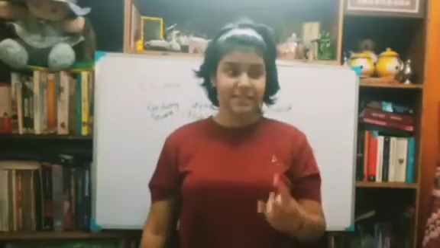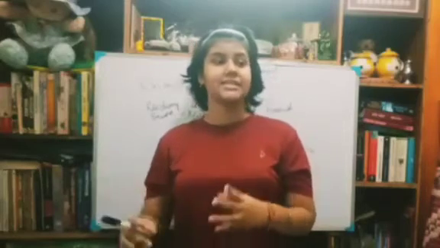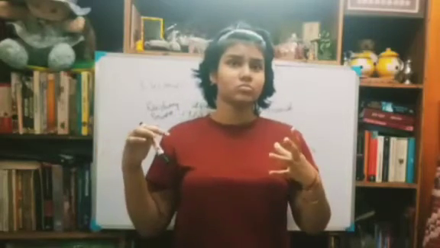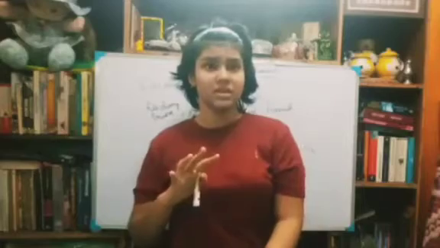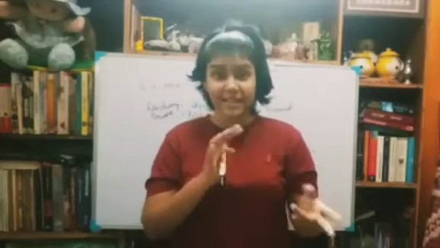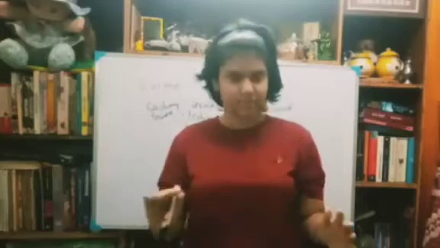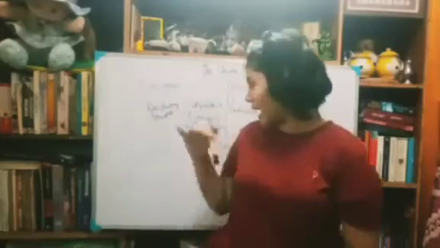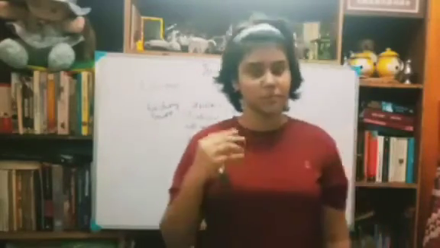And the third case is when there is a disagreement between two states, then the union can intervene and make laws. That's all that we have under legislative powers of the Union Parliament.